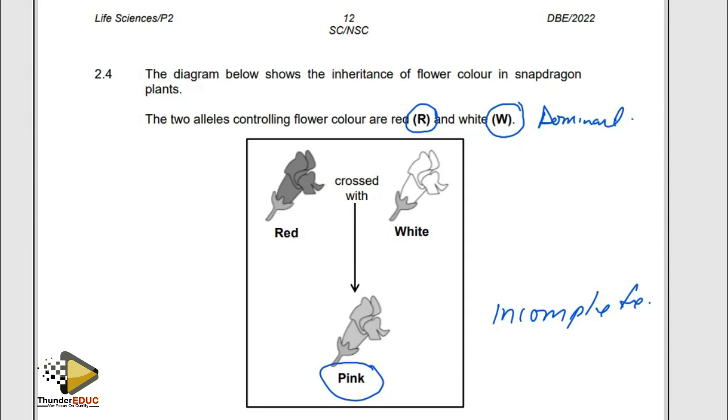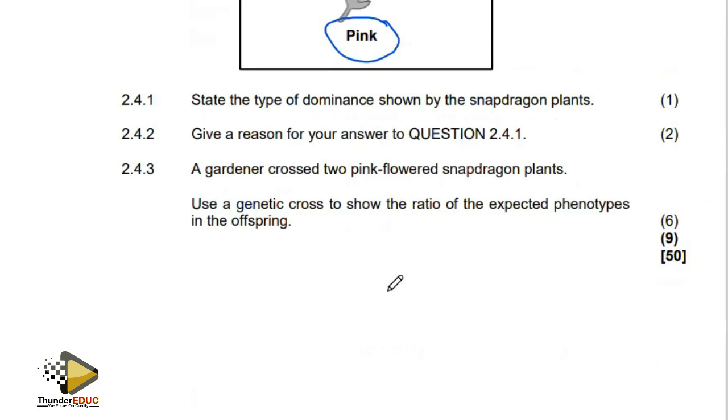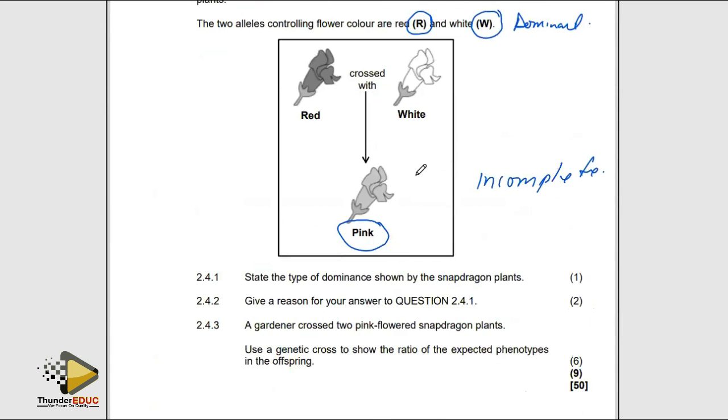So let's go to the questions and see. They are saying, state the type of dominance shown by the snapdragon plants. We have seen that it is incomplete dominance. If it was complete, we would have got either red or white in the offspring, some of the organisms red and some white.